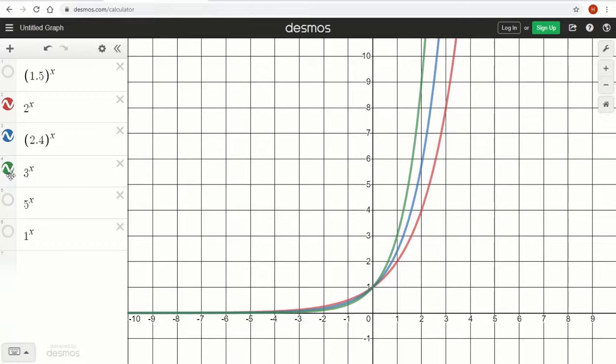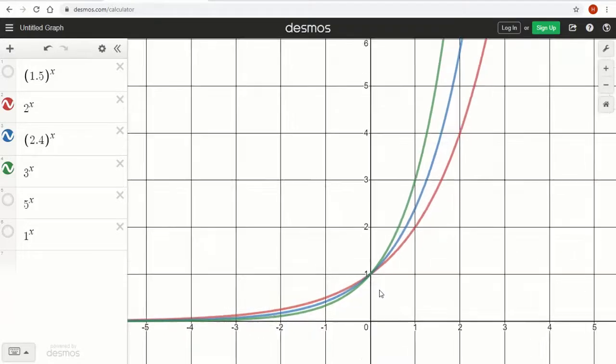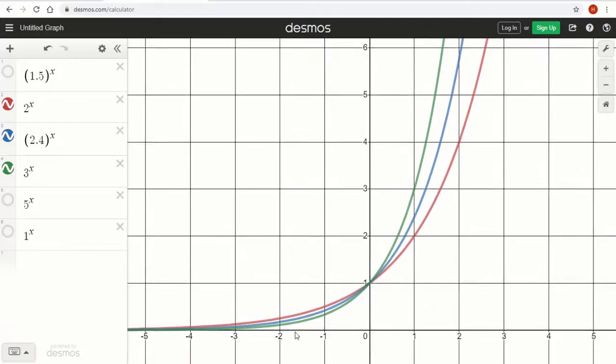And this time the graph is being displayed in green color. So let me now put in some closer zoom right here. So with the graph for 3 to the x being displayed in green color, the green graph is right here. And again, it's still that same fundamental shape that's going one way, rising from the left to the right.